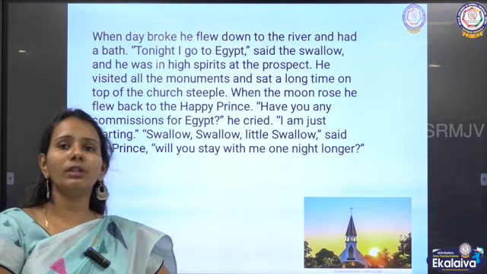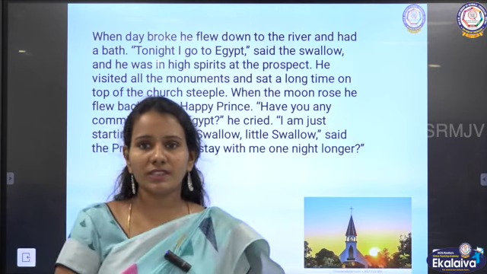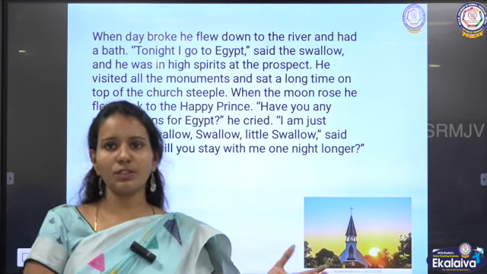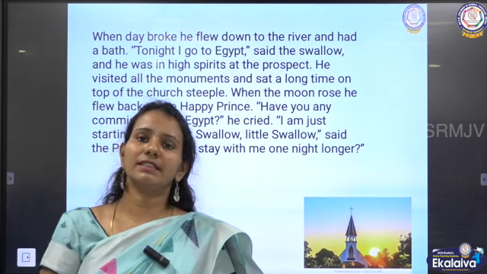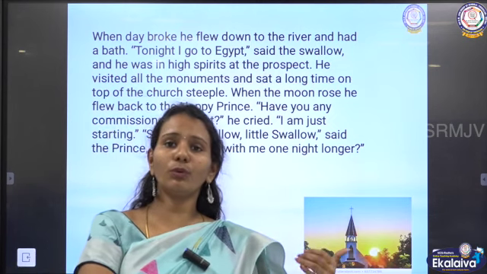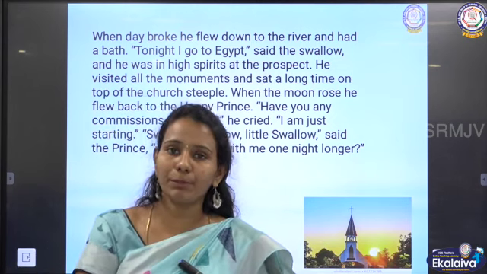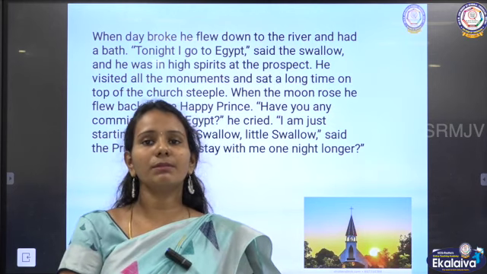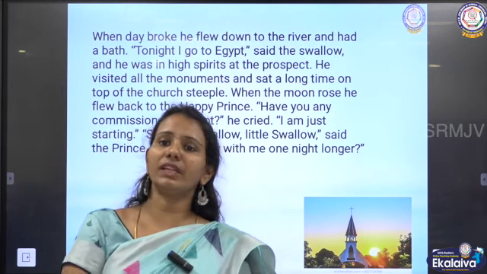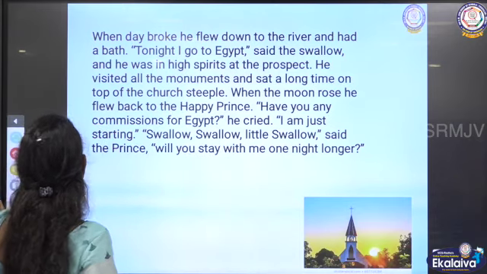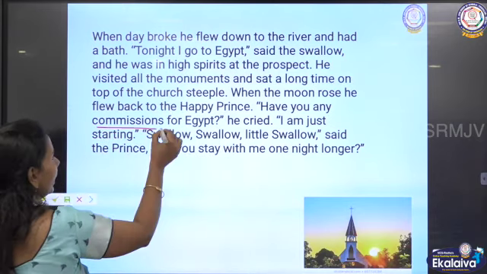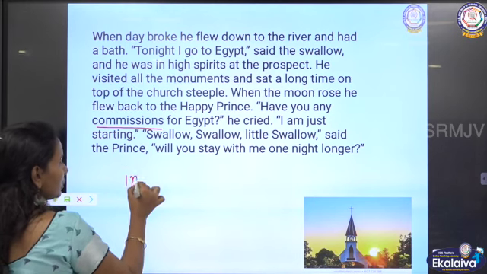So, in the morning and all, this swallow bird was roaming around the city when the moon rose, which means the daybreak. At night, he is starting to go to Egypt. Before going to Egypt, he meets the happy prince and asks whether he has any commission. Commission means any instruction or command for him.